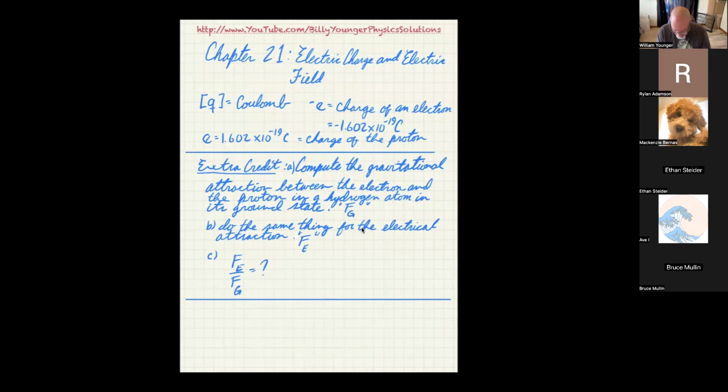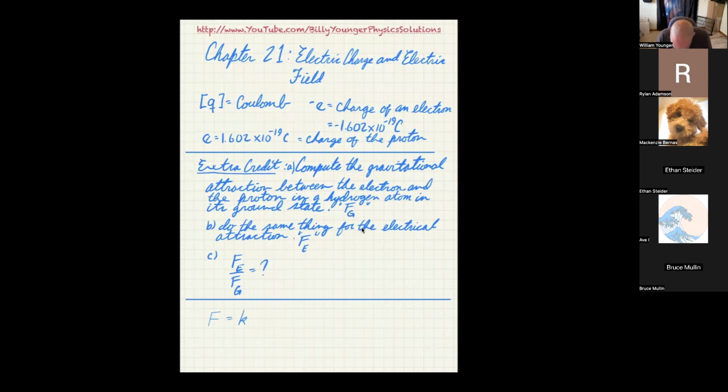But now let me remind you what Coulomb's law is. So Coulomb's law says that the force of attraction is equal to, and I'm going to use a K here, but I really honestly hate the K. I don't use the K hardly at all, but that's initially what your book usually starts off with. So basically what they're saying is the force of attraction or repulsion is proportional to the product of the charges.